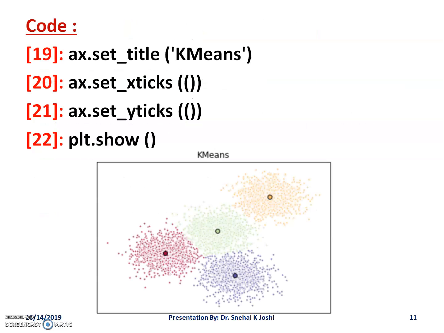Finally, we will set its title as Kmeans as shown in line 19. We will also remove x and y axis ticks by using the set_xticks and set_yticks functions as shown in lines 20 and 21. Using the show function as shown in line number 22, we will finally display the plot.